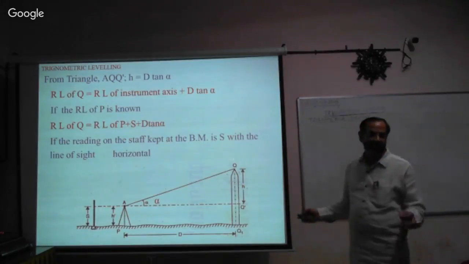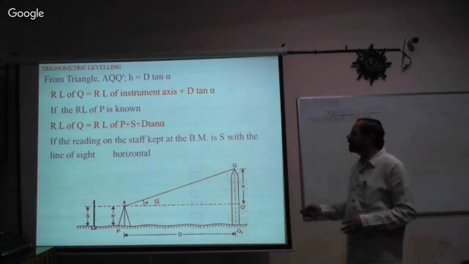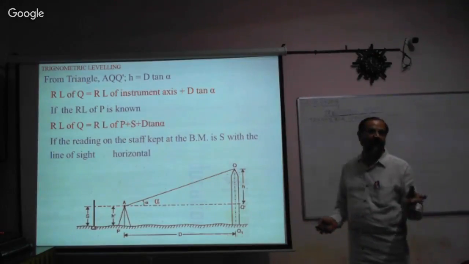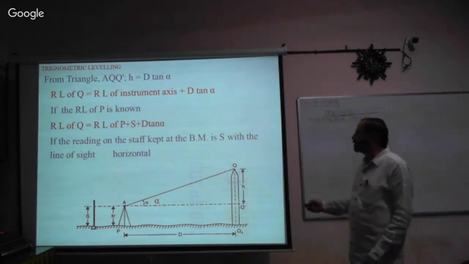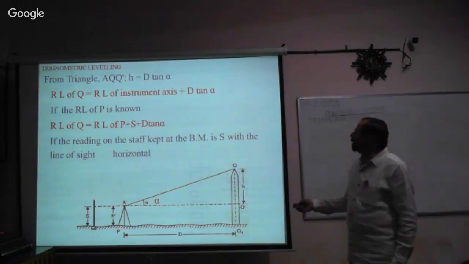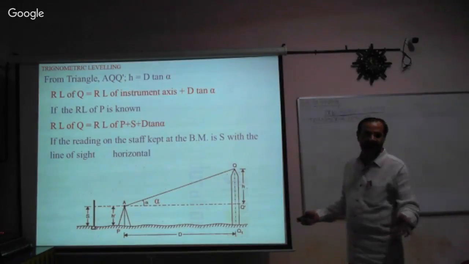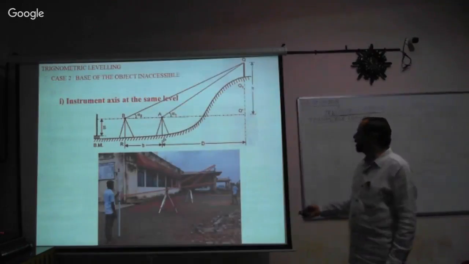That is a simple problem, simple analysis. Sometimes it will be asked as a problem, and sometimes it will be asked to explain how to measure the elevation of the given object when the base of the object is accessible. This is how we can measure it.